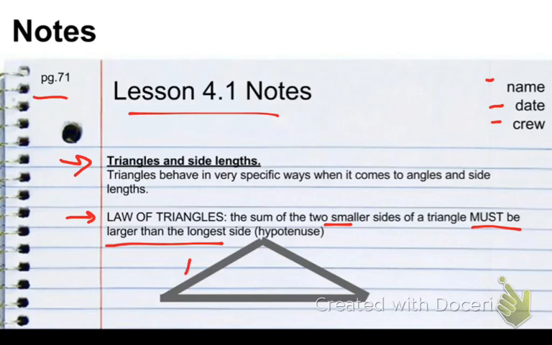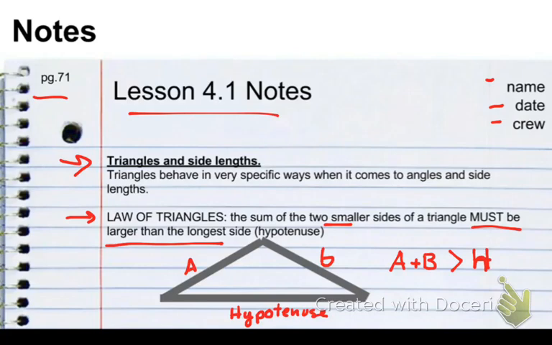So if I have leg A and leg B, and this right here is my hypotenuse, and it's my hypotenuse because it's the longest side, A plus B must be larger than the hypotenuse. They just have to be. Otherwise, you have a bad time. Otherwise, your triangle won't work.